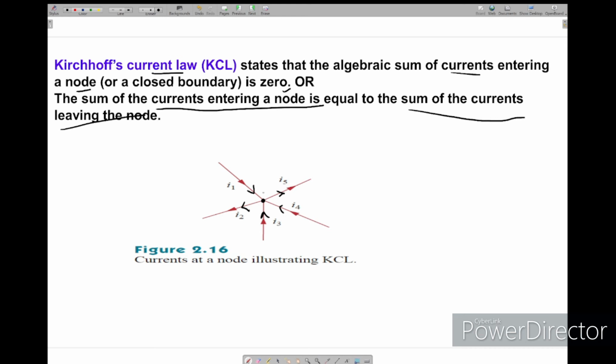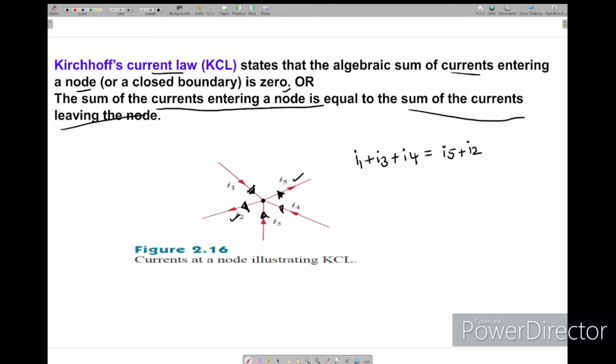So at a particular node the sum of the entering currents is always equal to sum of leaving currents. If you see here, I1 is entering, plus I3 entering and I4 entering, equal to sum of the leaving currents, I5 and I2.